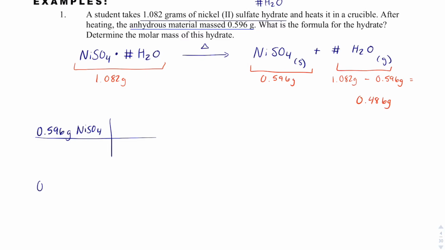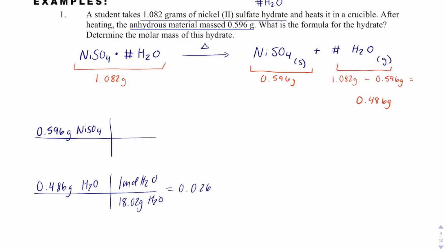And we have 0.486 grams of water. There's 18.02 grams of water for every 1 mole of water. That gives us 0.0269 moles of water. And the molar mass of nickel sulfate is 154.75.